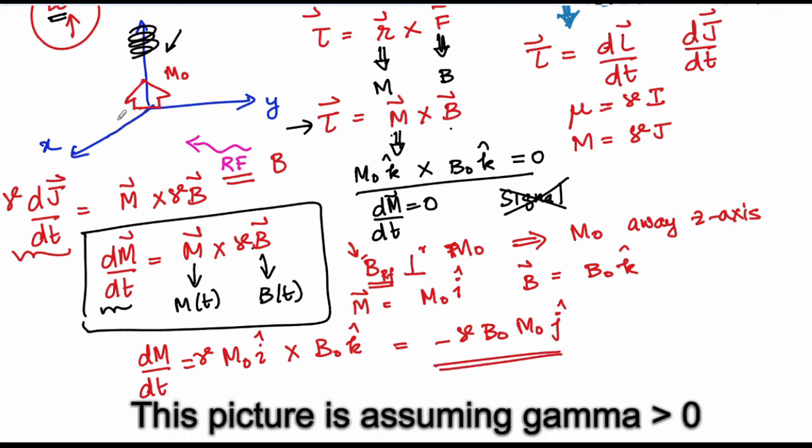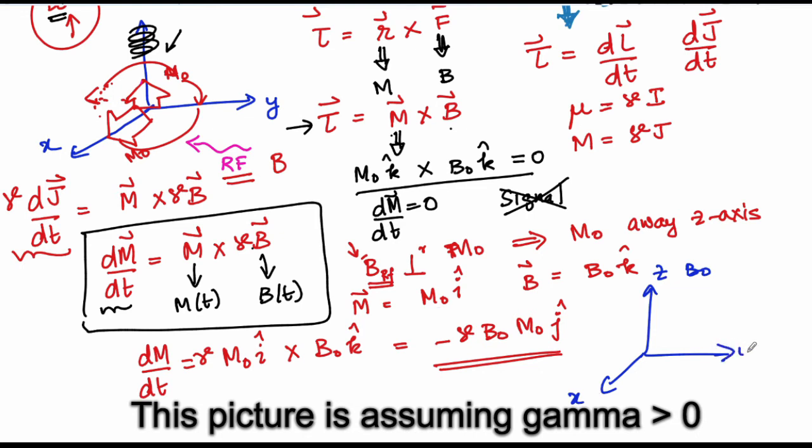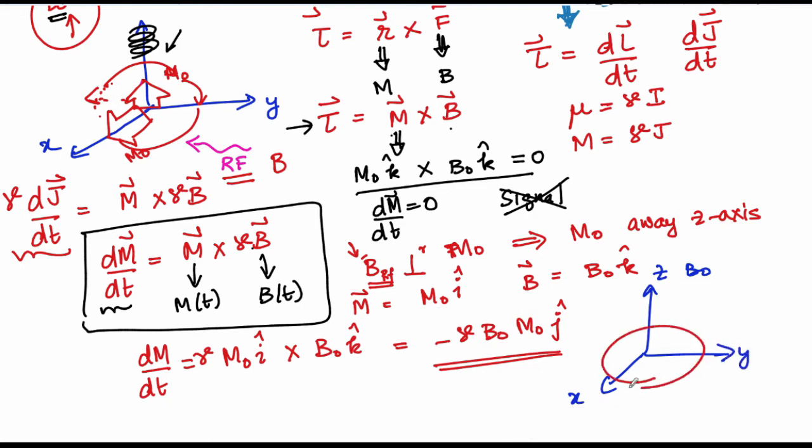The bulk magnetization that is along x starts to move due to the B0 field to minus y. And now after it has reached minus y, you can continue to do this calculation and you will see it will end up along the minus x-axis followed by y and so on. When you have a B0 that is along the z-axis, your magnetization vector keeps going around about the B0 axis.